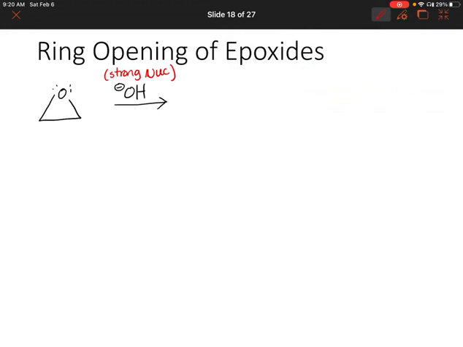The nucleophile is going to attack one of the carbons on the epoxide, and that's going to open up our ring. So now we're going to have a negatively charged oxygen opposite our nucleophile. And then in the next step, actually let me draw equilibrium arrows here.